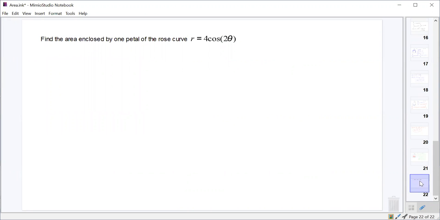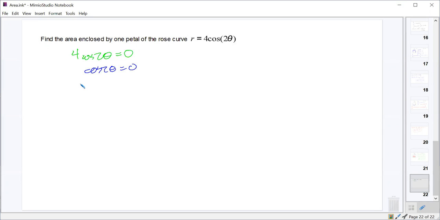Let's see if we can find the area enclosed by just one petal of a rose curve. So 4 cosine 2 theta is our curve. So first off, we need to find our limits of integration. And so a petal will start and end at 2 consecutive values when the R value is equal to 0. So 4 cosine 2 theta equals 0 tells us that cosine 2 theta equals 0.